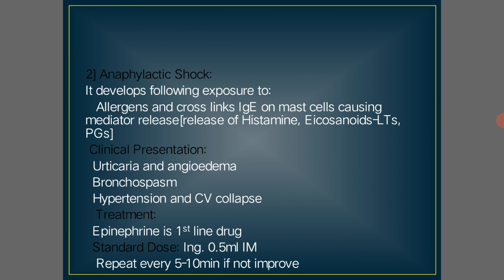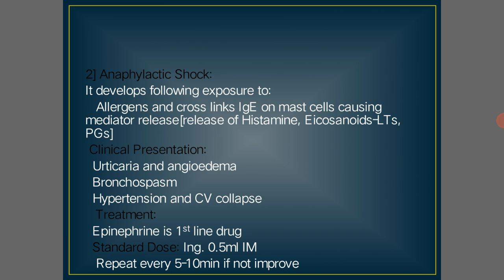Second subtype is anaphylactic shock. It develops following exposure to allergens, which cross-link IgE on mast cells, causing mediator release (release of histamine, eicosanoids, LTs, PGs, etc.).